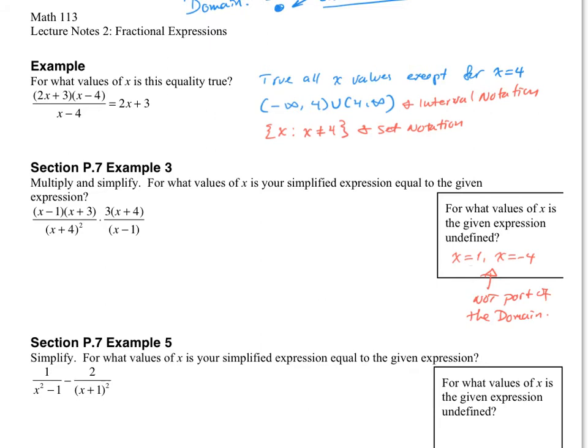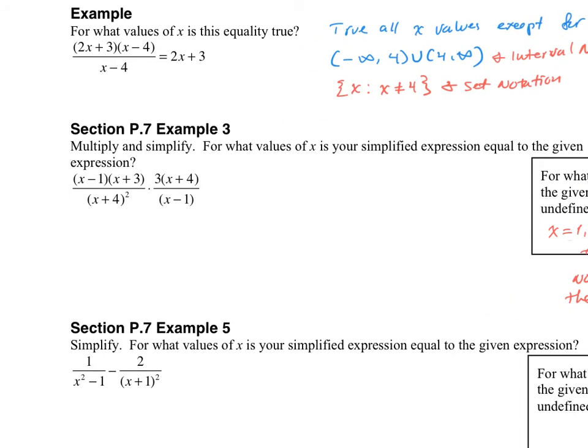Now, if you notice here, this is factored. This is factored. The only one that is not factored is this one, but this is the same thing as x plus 4 times x plus 4. Once everything is factored, all you have to do is cross out like terms, one from the top and one from the bottom.